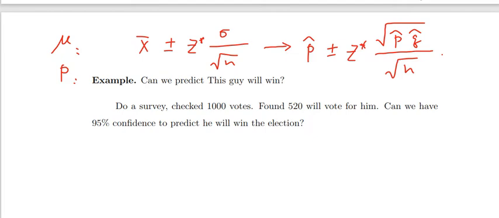Now let's consider this example. Can we predict this guy will win? Suppose we have only two candidates.